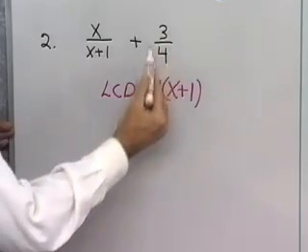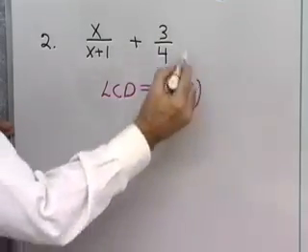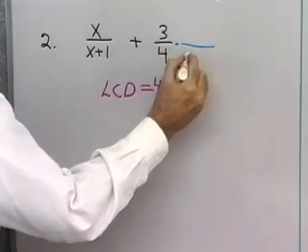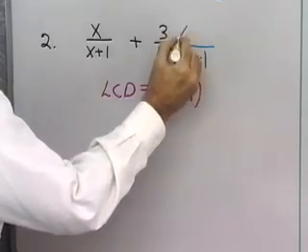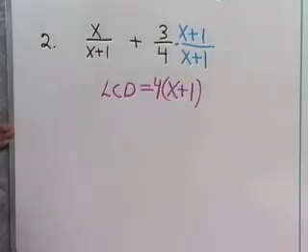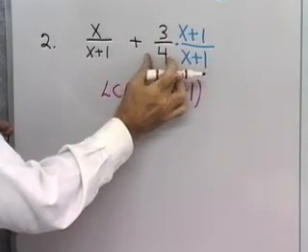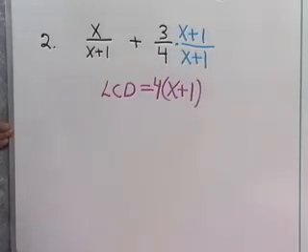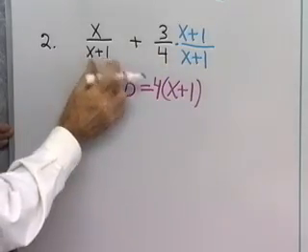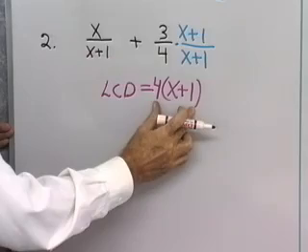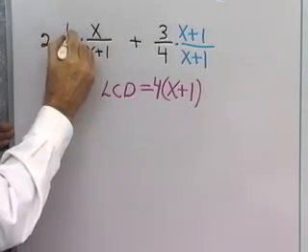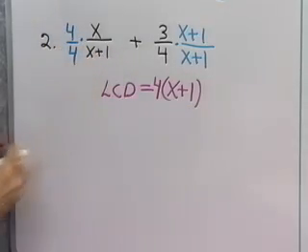Now to change this fraction to a fraction with this denominator, I multiply by the number 1 in the form x plus 1 over x plus 1. So multiplying by this won't change the value of this fraction right here, but it will give it this least common denominator. This fraction here has a denominator of x plus 1. I want it to have 4 times x plus 1, so I multiply it by 4 over 4.